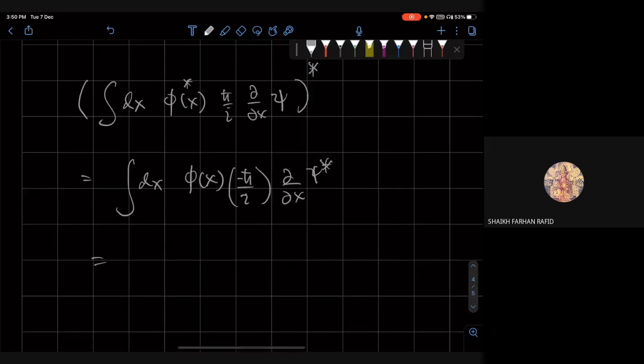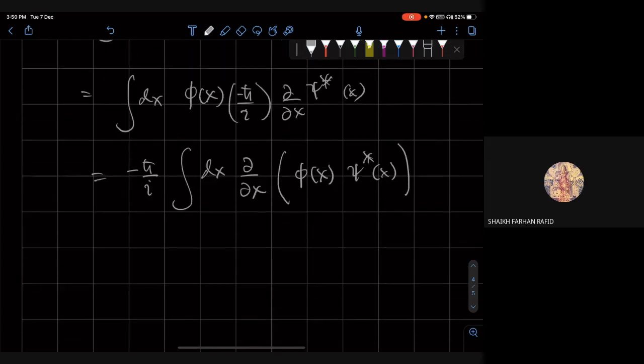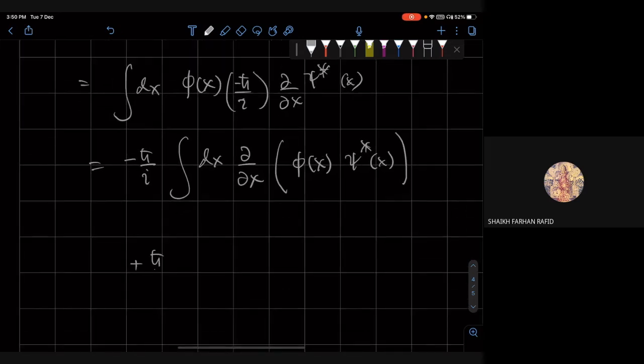Okay, and now what we can do is an integration by parts. Let's just factor this out. If I do integration by parts, I get d by dx of phi of x psi star of x, and then there will be plus h bar by i, and now the derivative is going to act on this, so we can write psi star of x d by dx of phi of x, right?